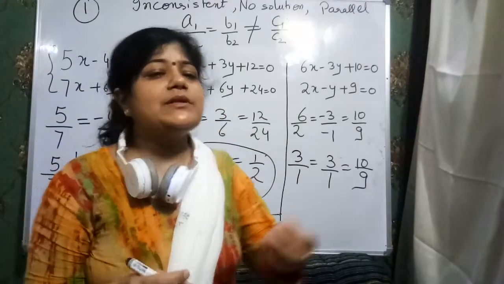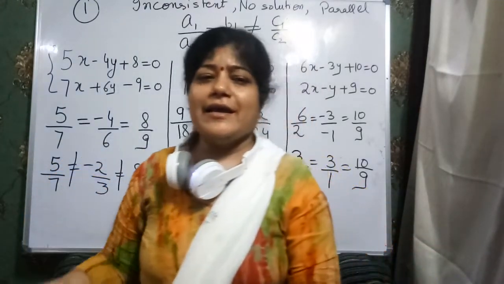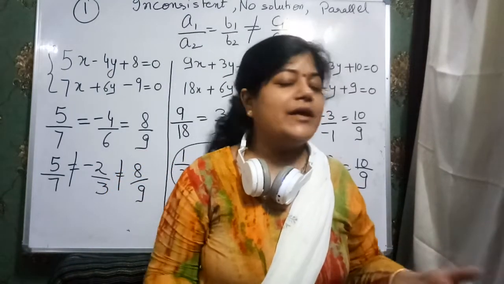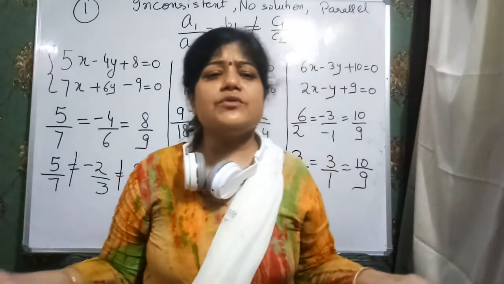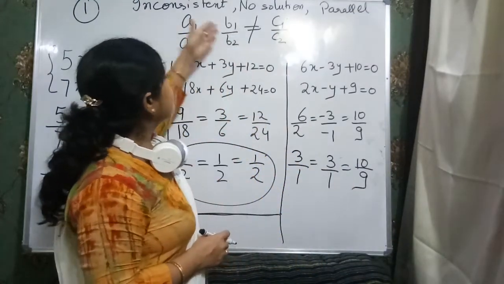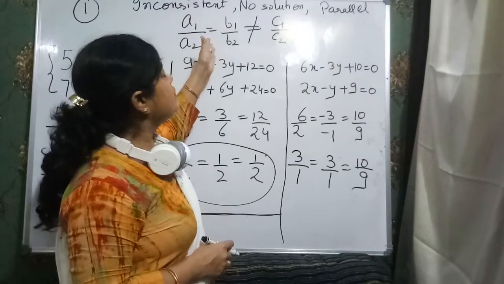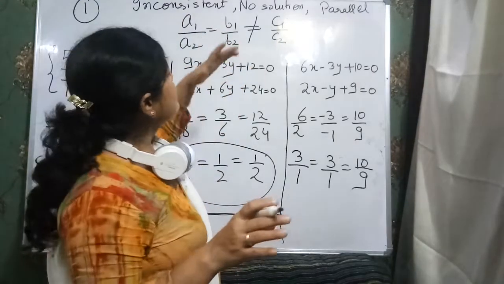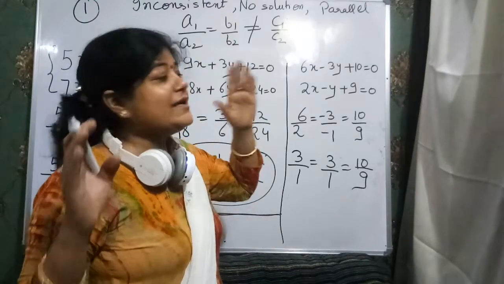For example, there is a person who says to somebody, I like this, and then says another time, I don't like this. So we get no solution about that man. In the same way, when two ratios are equal and one ratio is not equal, there is no solution, and the lines are parallel.